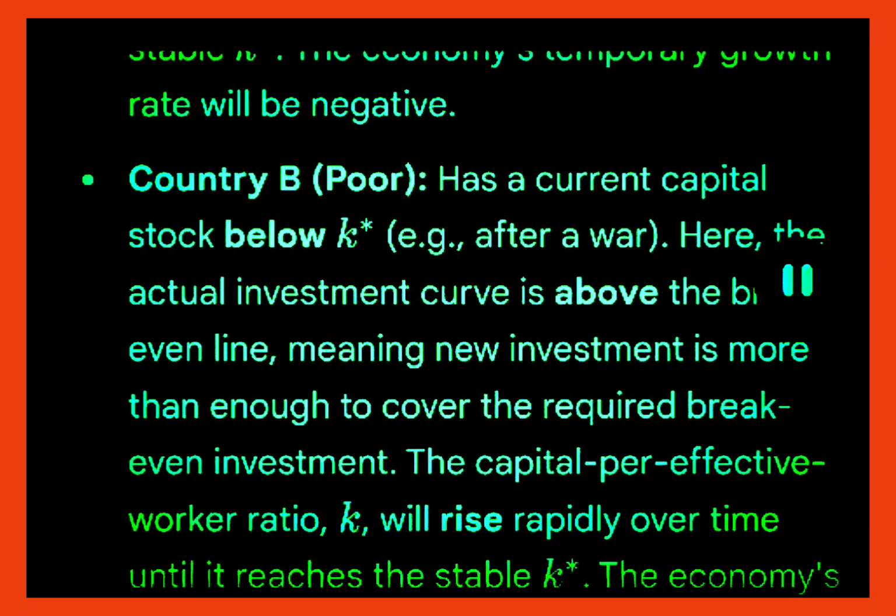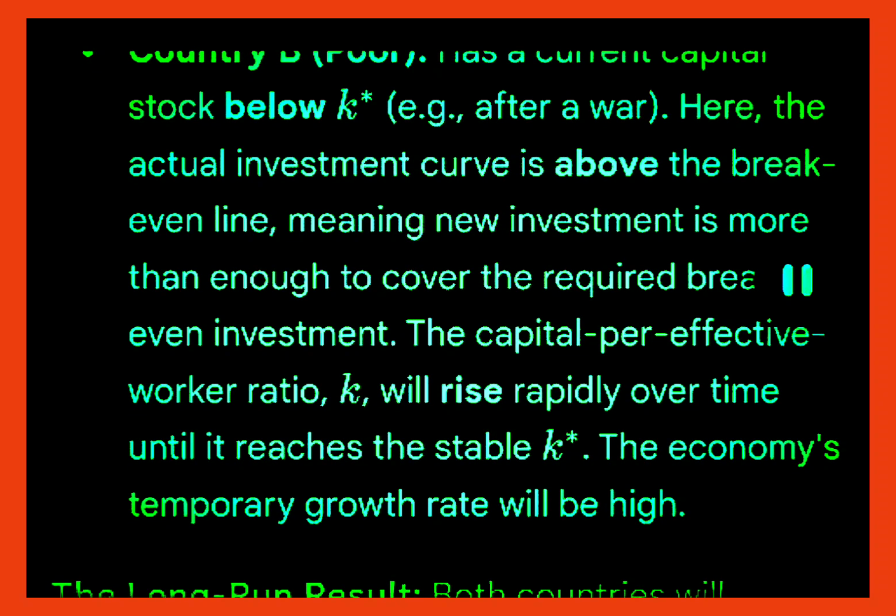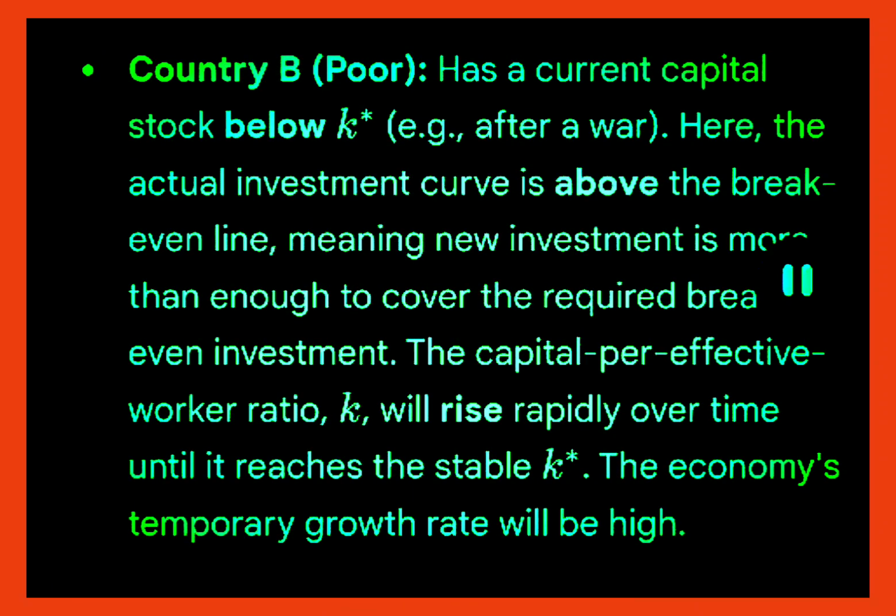Country B, poor, has a current capital stock below k*, e.g., after a war. Here, the actual investment curve is above the break-even line, meaning new investment is more than enough to cover the required break-even investment. The capital per effective worker ratio, k, will rise rapidly over time until it reaches the stable k*.